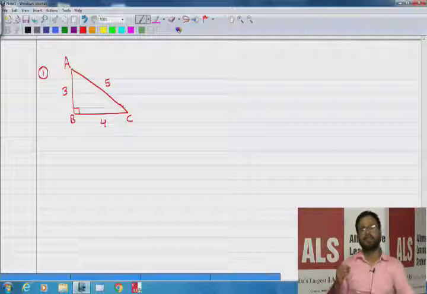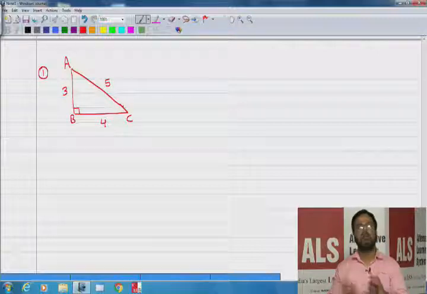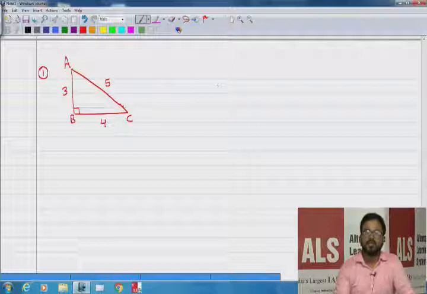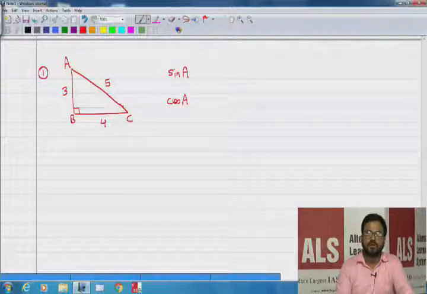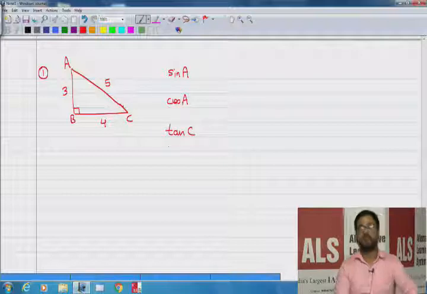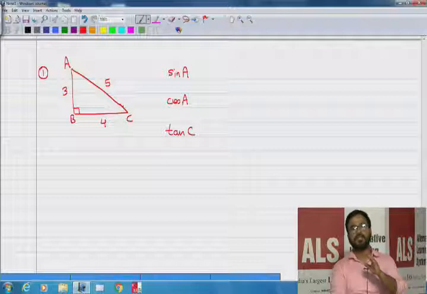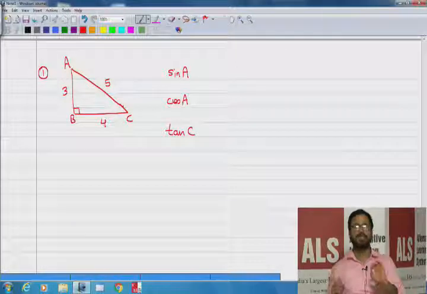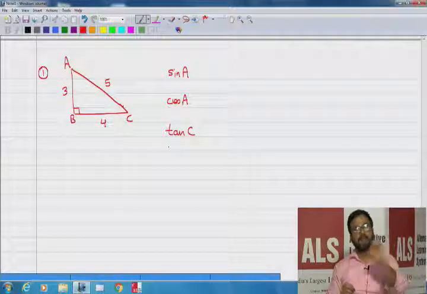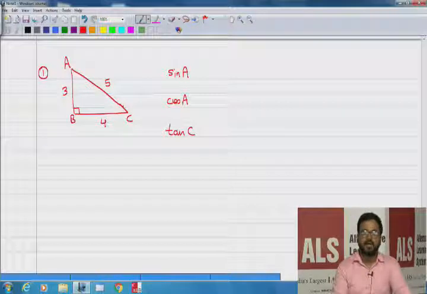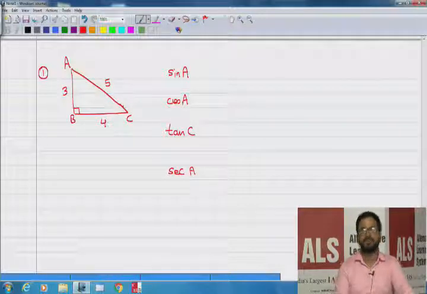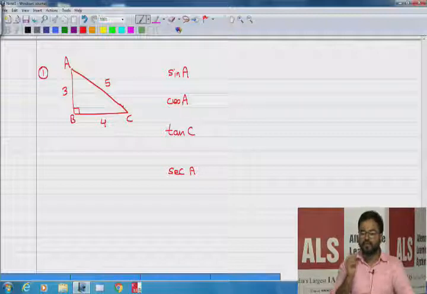Now I ask you to write the trigonometric ratios of different angles: sine A, cos A, tan C, and sec A. Always remember we only write the trigonometric ratio for an acute angle. Angle B is 90 degrees, so we write the ratio for either angle A or angle C. First of all, you have to figure out which angle we are talking about.